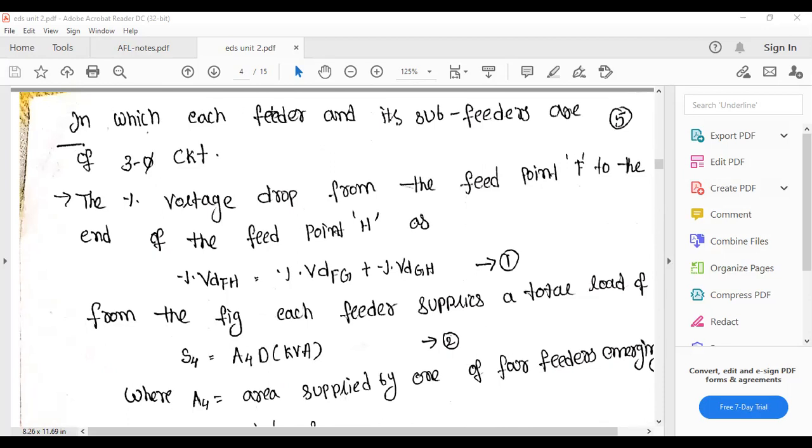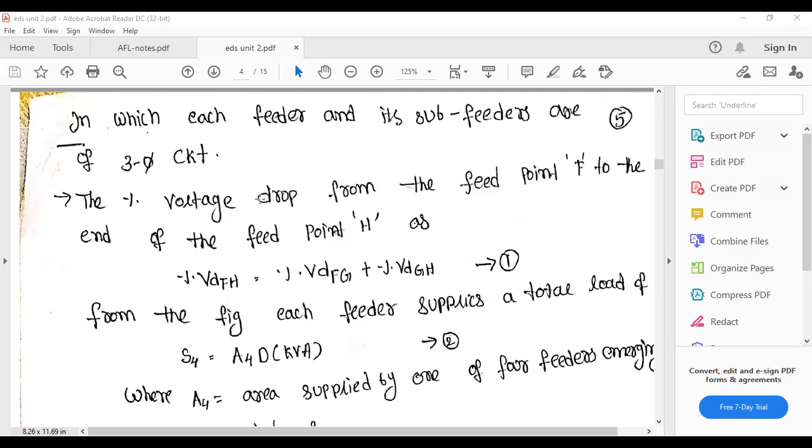Each feeder and its substation feeders are of 3-phase circuit.